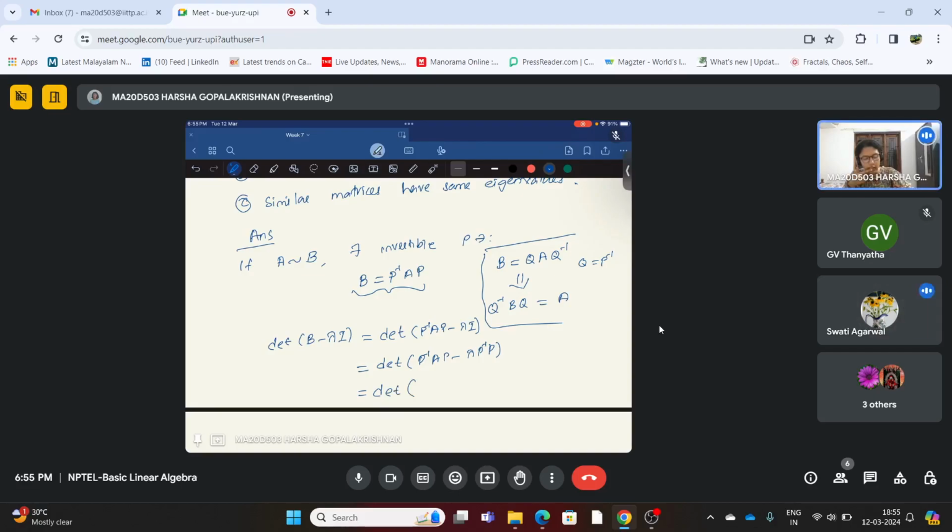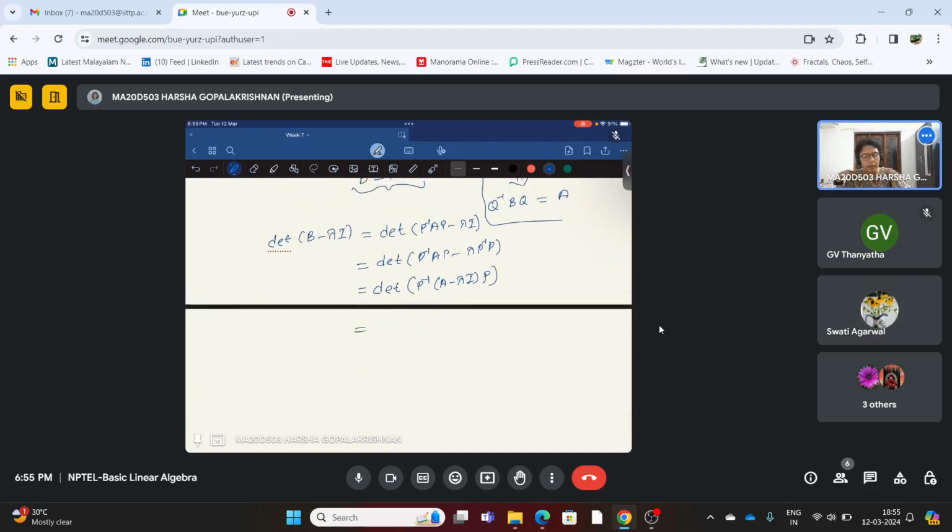Can I take P inverse outside like this, P inverse times A minus lambda I times P? Is this possible? Yes, it is possible, right? Now what should be the next step? We distribute the determinant, of course: determinant of P inverse, determinant of A minus lambda I, into determinant of P. What is this? The characteristic equation of A, right?